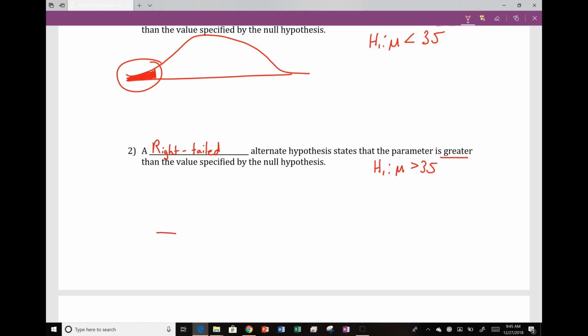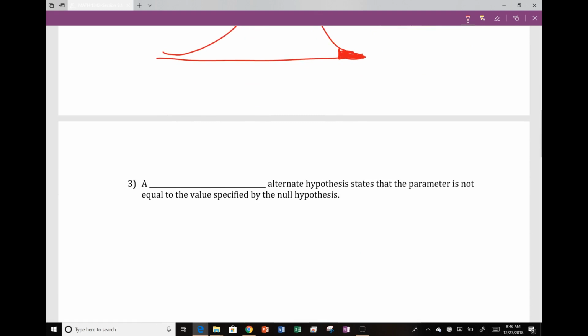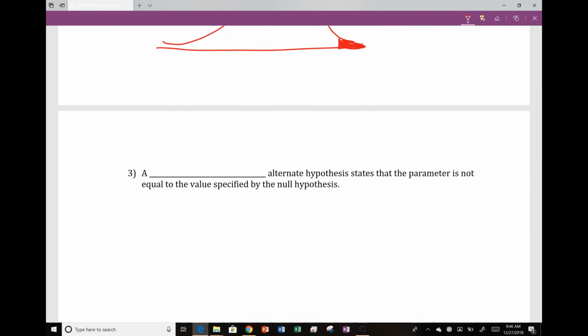Notice which direction that arrow is pointing. And so when I shade, I'm going to shade this little bitty portion over here. Again, I'm only shading that tail is what we're wanting to look at. Now, our third possible alternative hypothesis is what we call a two-tailed.